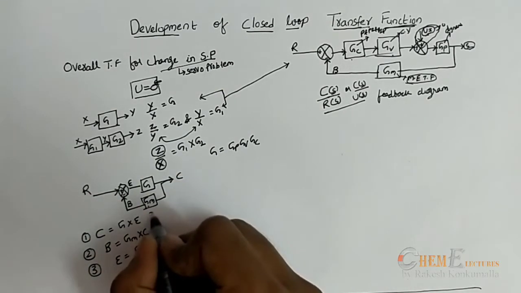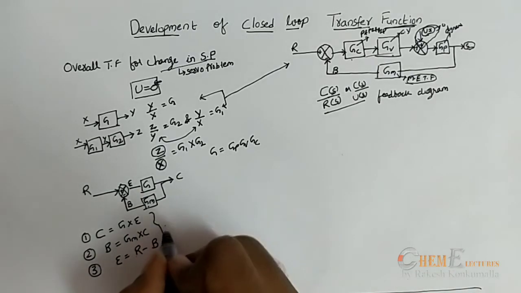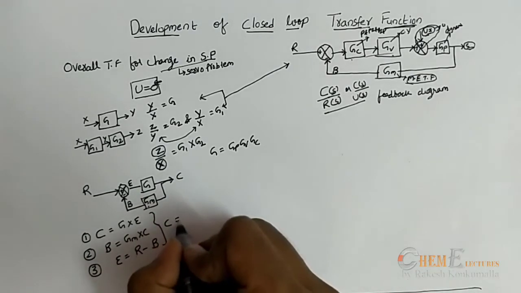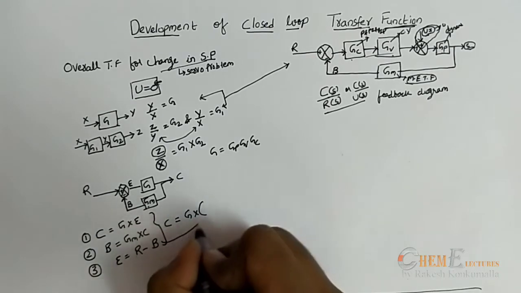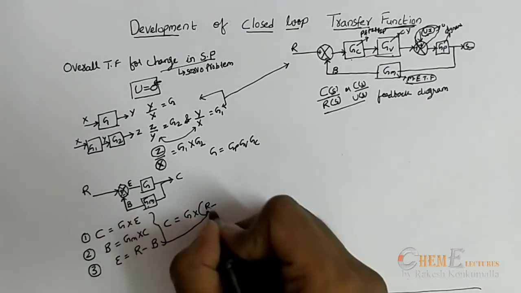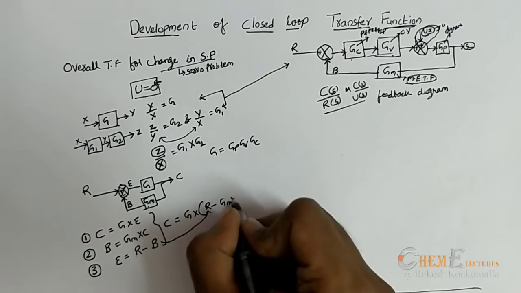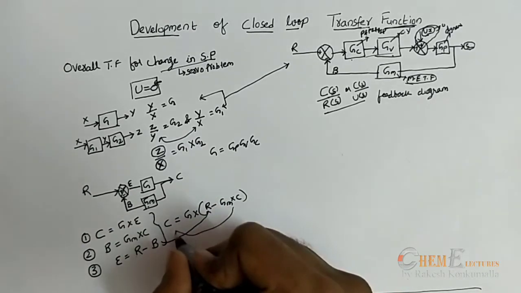Now if I combine these three equations, C is equal to G into my error, which is R minus B. B means Gm into C. I am just taking this to the left hand side.